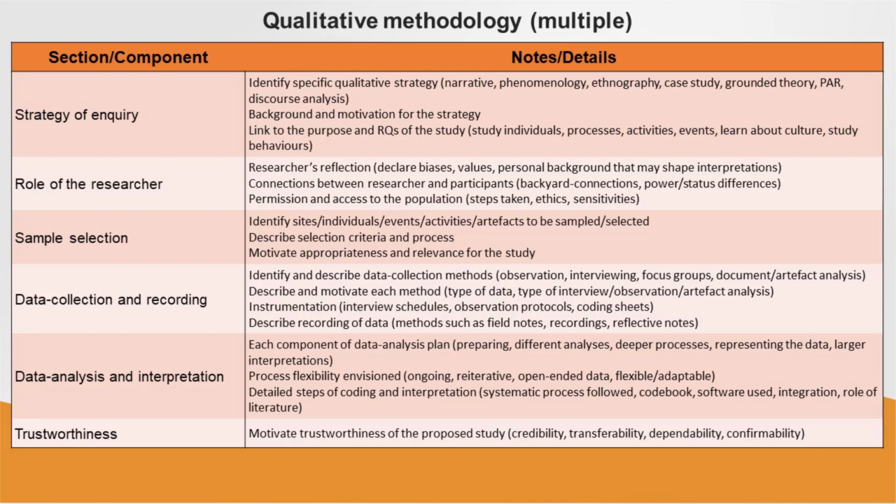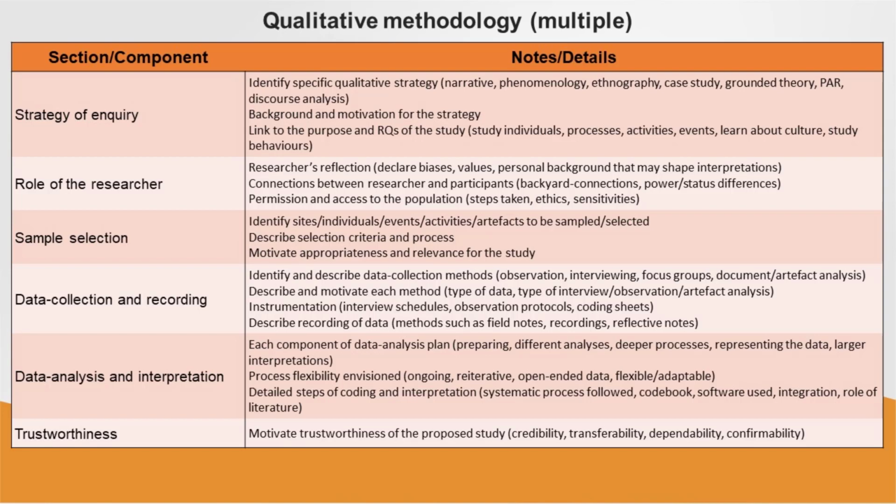So in terms of the role of the researcher, you could summarize your reflection by declaring your biases, your values, your personal background, and things that may shape your interpretation of data. And then declare connections between the researcher and participants, like is it backyard, personal type of connections, what are the power and status differences and other connection issues like that.